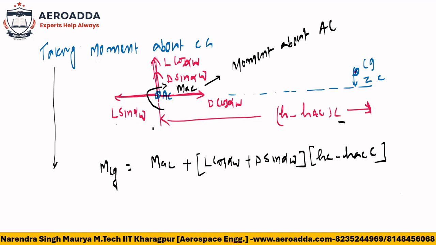This L sin alpha W will also give the clockwise moment. So I can take L sin alpha W, but what is the perpendicular distance? ZC. Z is the perpendicular distance as a fraction of chord C. D cos alpha W gives the anti-clockwise moment about CG, so it will be D cos alpha W into ZC. This is the whole equation.